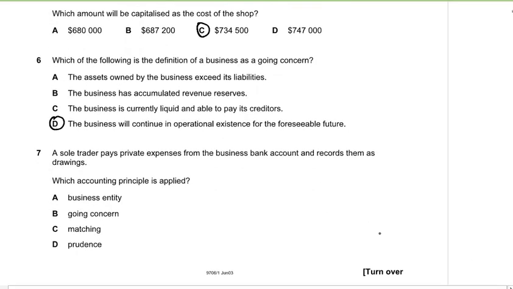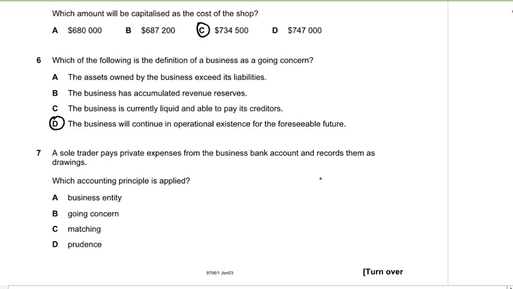A sole trader pays private expenses from the business bank account and records them as drawings. Which accounting principle is applied? Remember that whenever we have a business, for accounting purposes, we are going to assume that there is separation between the business and the owner, despite the legal position.